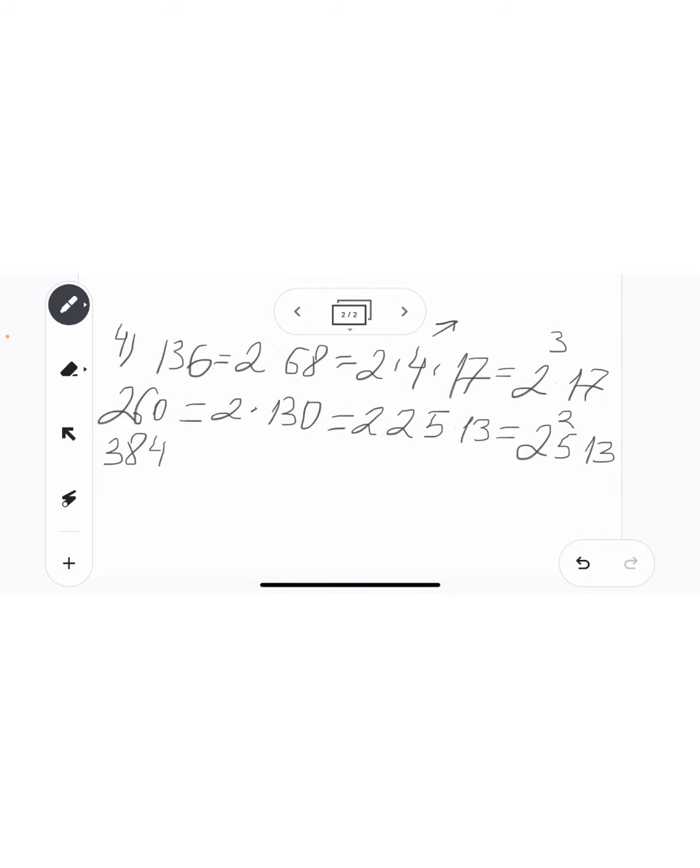The next number is 384. It is 2 times 192. 192 is 3 times 64. And 64 is the square of 8, and 8 is 2 cubed.